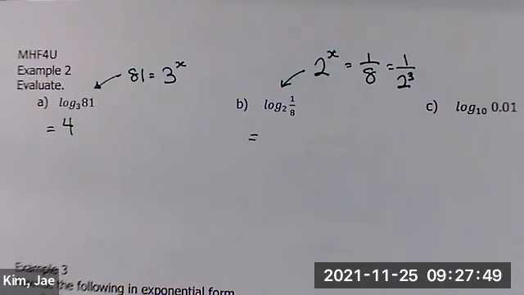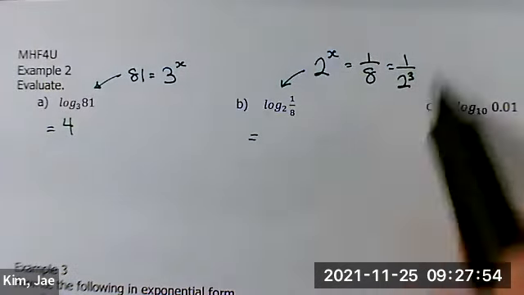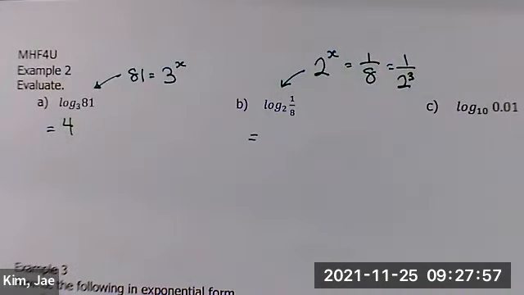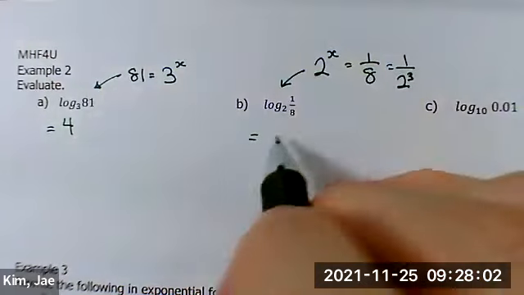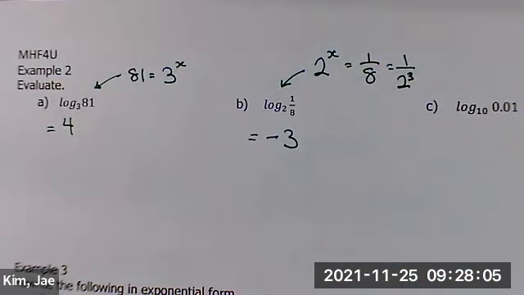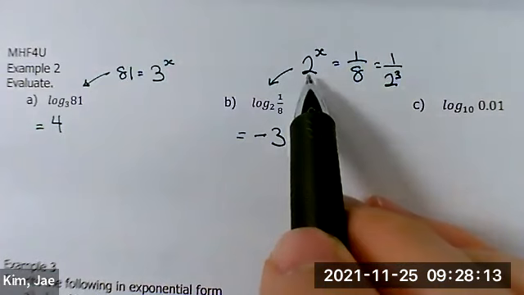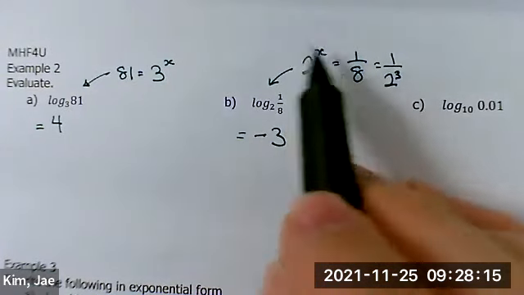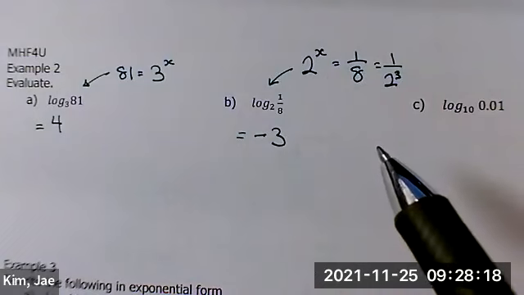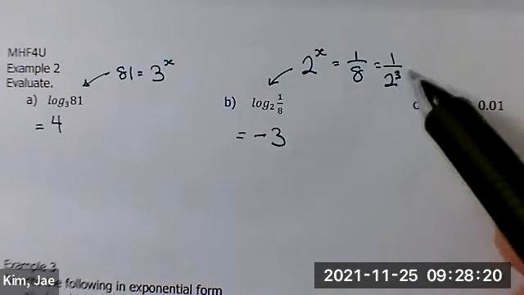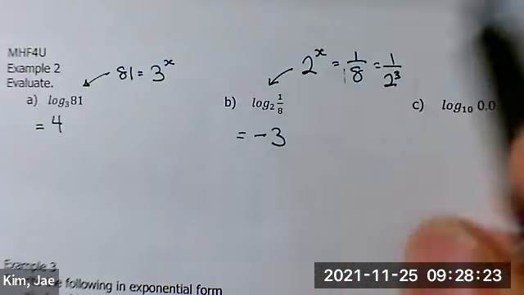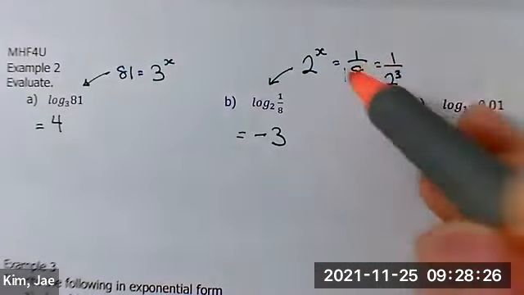So what's x? 2 to the power of what gives you 1 over 2 to the power of 3? Yeah, there you go. That's the exponent. Why is my base? Well, it is a 2. But 2 to the power of something is equal to 1 over 8, which I rewrote as 1 over 2 to the power of something, because I wanted to give you a clue of what number we're dealing with.